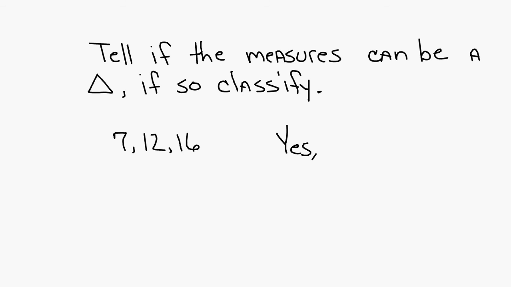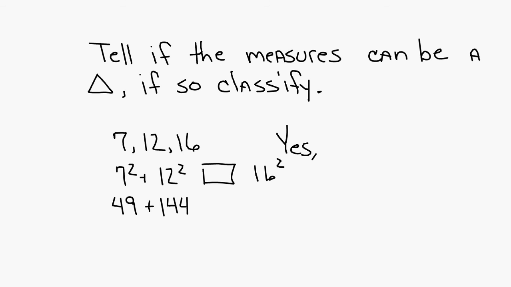So when you classify it, you're going to take 7 squared plus 12 squared, and compare it to 16 squared. So 7 squared is 49, plus 12 squared is 144, and you're going to compare that to 16 squared, which is, what's 16 squared? 256.